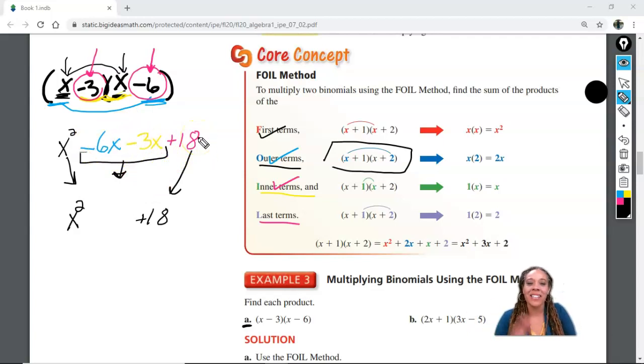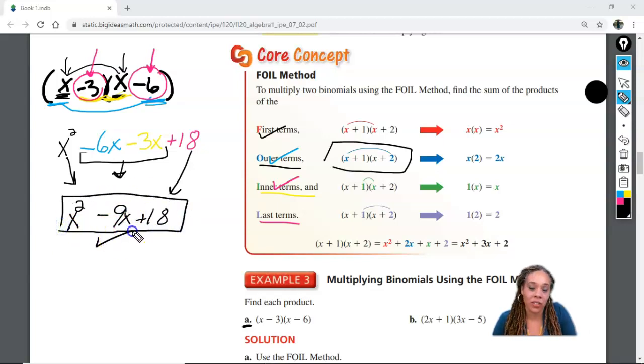What I like to say is minus stays minus. So if it's a -6 and a -3, just put them together and keep it as a -9. All right, and bring the x along for the ride there. So we have x squared minus 9x plus 18 as a final answer.